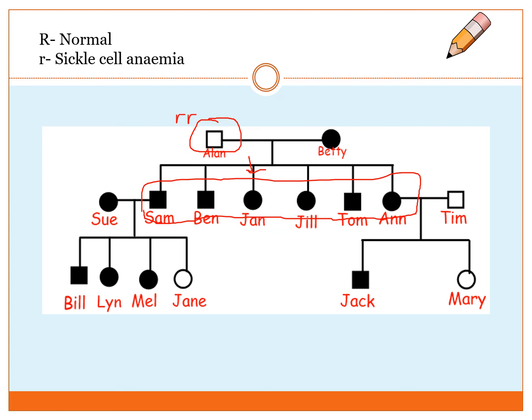So Alan will be recessive, Tim will be recessive, Mary will be recessive. Now you need to work out what Betty is. Now if there's 100% dominance, then Betty has to be big R, big R. Okay, and if you cross big R with little r, all of these are going to be big R, little r.